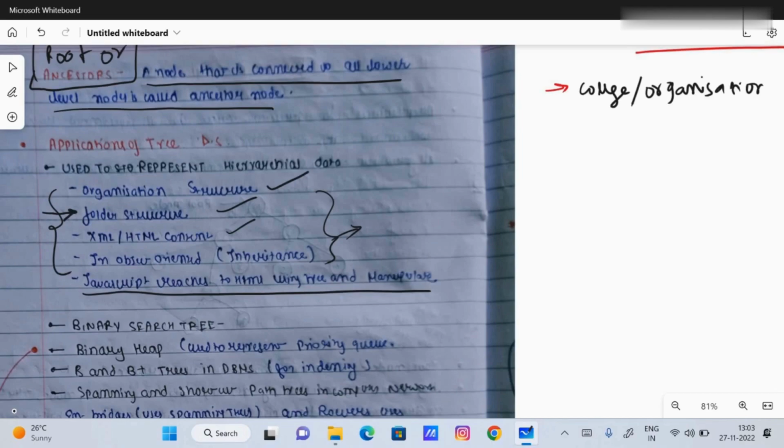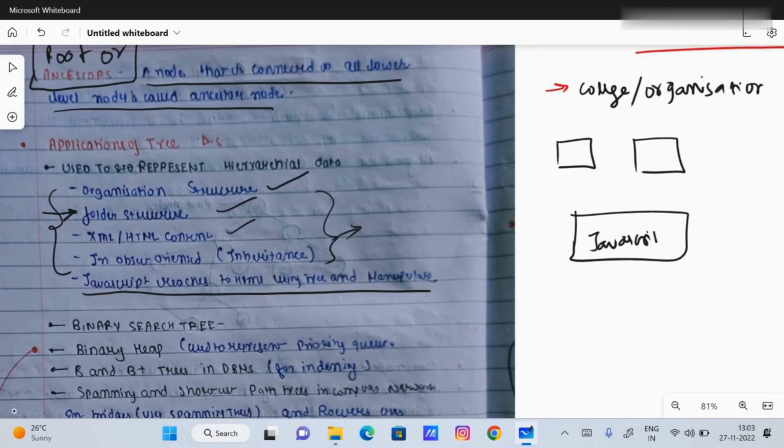Suppose this is the HTML content, this is the CSS content, and this is the JavaScript content. JavaScript, HTML, CSS. Okay. So HTML and CSS could be connected with them also. Means we can directly connect HTML and CSS through various pages.